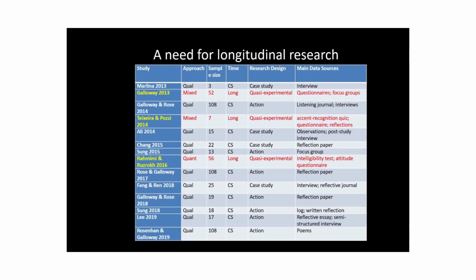In terms of research design, I've labeled this as action research because it's teachers doing something in their own classroom, but I haven't labeled this as longitudinal because we'll find out soon that it's not action research in the sense that data is not collected over time. It's like data collected only during one cycle of action research. So we don't get to see how ideas and notions develop.